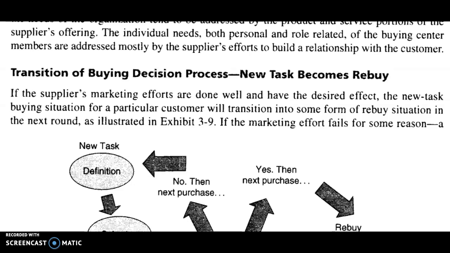If the supplier's marketing efforts are done well and have the desired effect, the new task buying situation for a particular customer will transition into some form of rebuy situation in the next round, as illustrated in Exhibit 3.9.